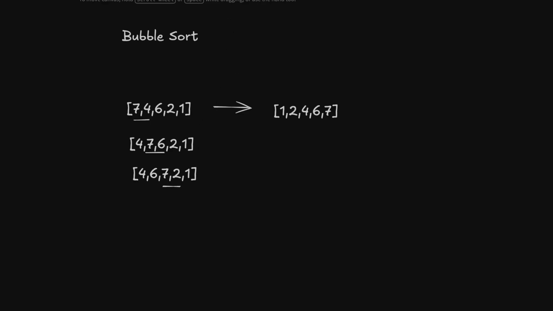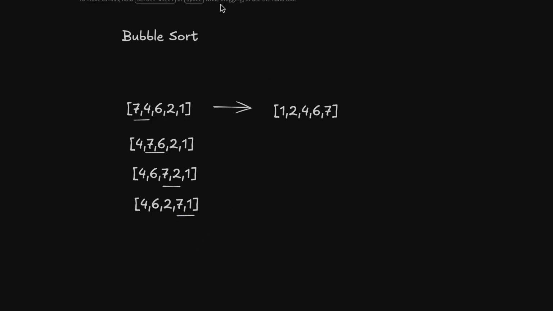So this time what it will be? This time it will be 4, 6, 2, 7 and 1. Okay, now this time this is in the last element, so we'll be checking this too.